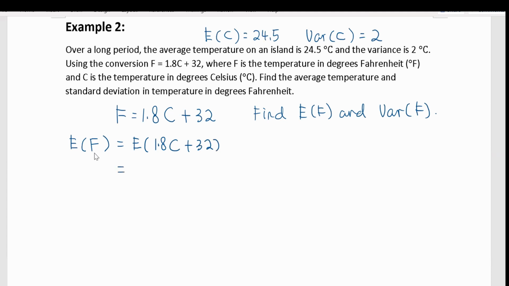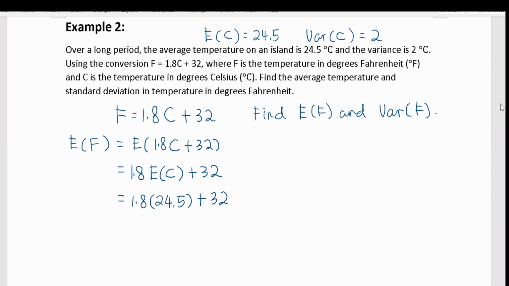The constant 1.8 can be put aside, times E of C, then plus the constant. The mean of C is given as 24.5, then plus 32.